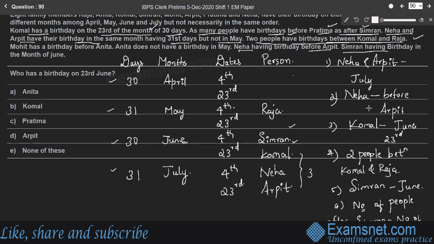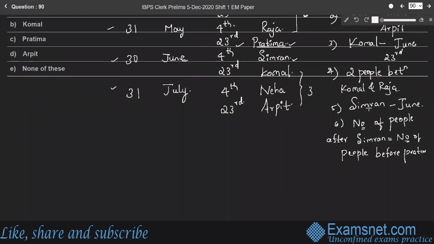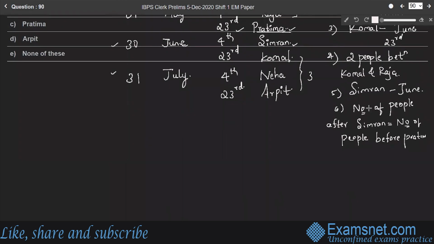Right? So if the first 3 positions are 3 people, then Pratima was born in the month of May, that is, the date is 23rd. Right? Then only this condition will get satisfied. This 6th point, number of people after Simran is equal to number of people before Pratima. Right? And the next point is 7th point.